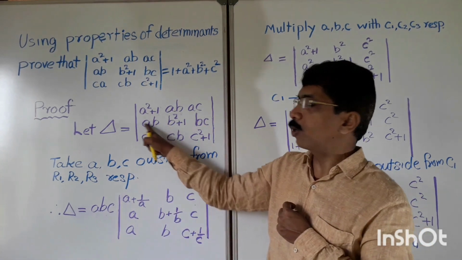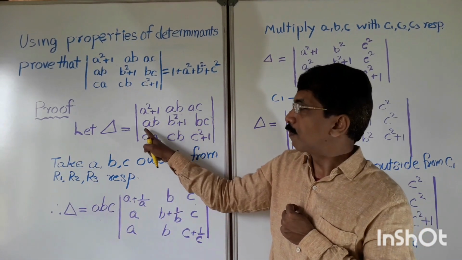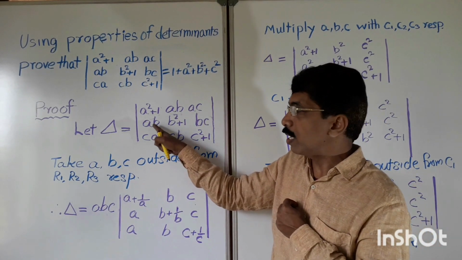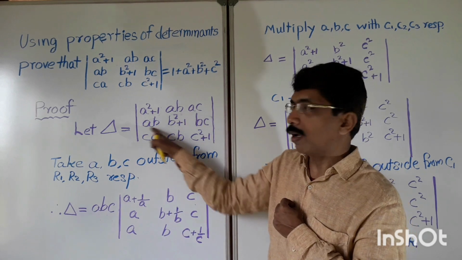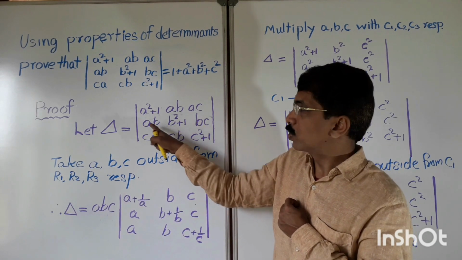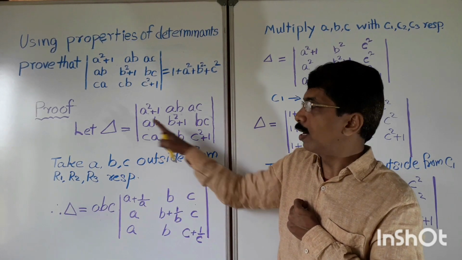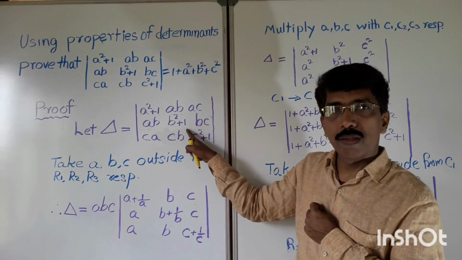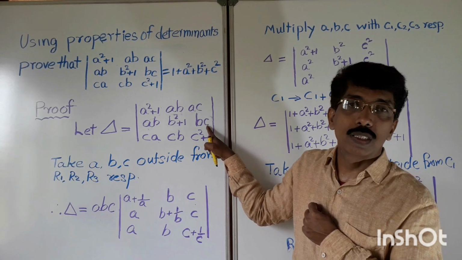Now from R2, what can I take out? From R2 I can take b outside. If I take b outside, it will come as a here, and here it comes b plus 1 by b. Here comes c.